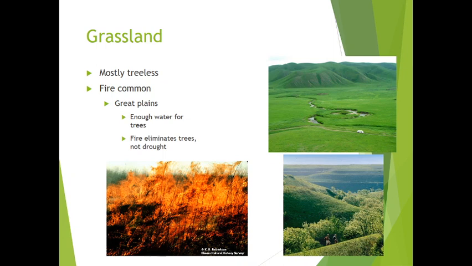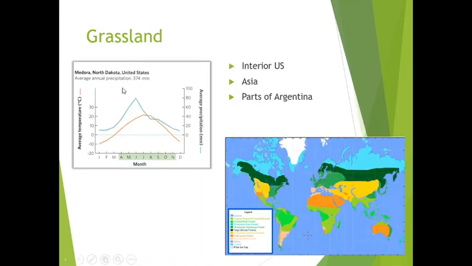Now, why is it treeless? There's enough water to grow trees. The trees will grow, but the unique thing about grasslands is there's a decent amount of time right here, where you can see, it's actually not that much, and this is in western North Dakota, where you've got a late summer, early fall, where the temperature is higher than the water line.